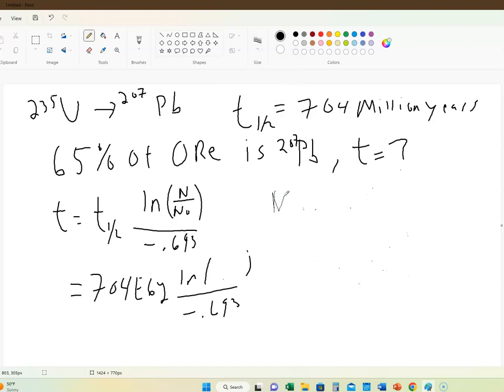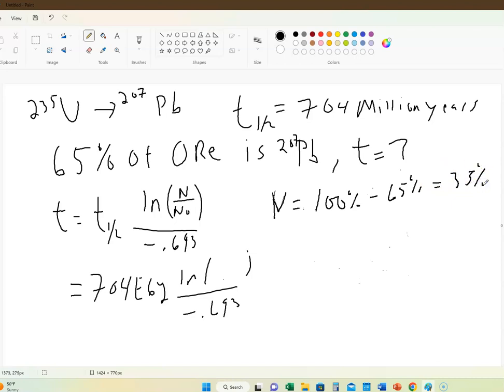All right. So let's try this again. So N is equal to 100%. I'll just do it for completeness. 100% minus the 65%. All right, that of course gives us 35%.